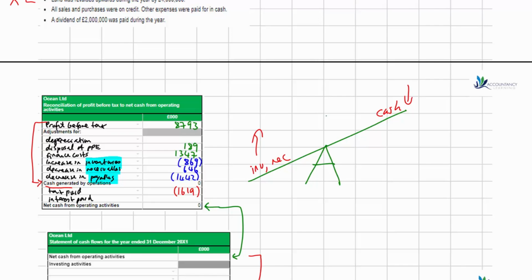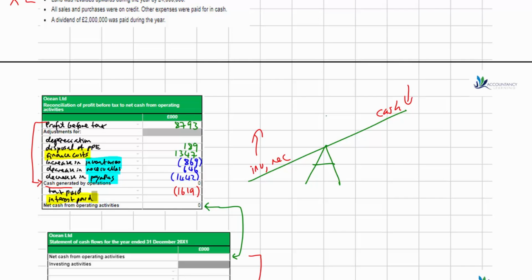Notice that we have our finance costs at the top of this part of the answer, but we've got interest paid here. So there are two lines for interest in operating activities. In many cases the numbers are the same, but they may not be if there's any accrual or interest payable. We don't know that yet.